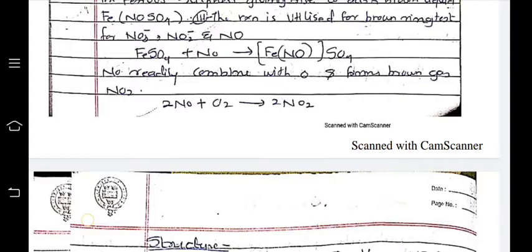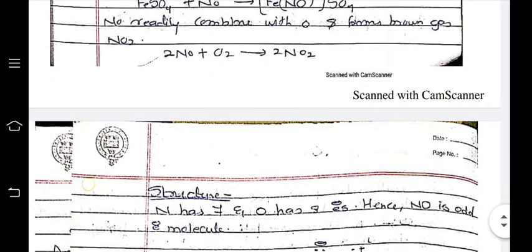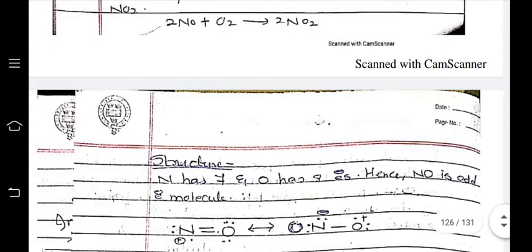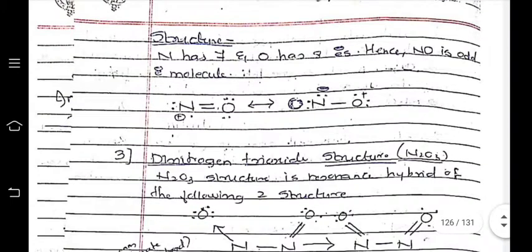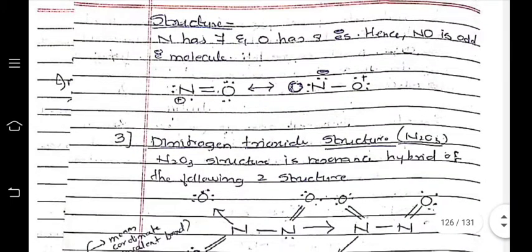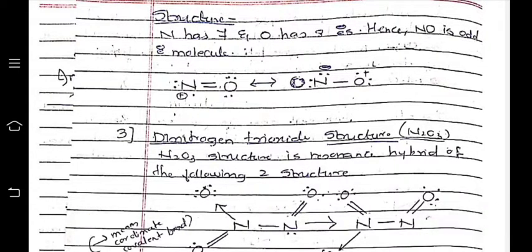NO combines with oxygen and forms a brown gas NO2. 2NO plus O2 gives 2NO2. Structure: nitrogen has 7 and oxygen has 8 electrons, hence NO is an odd electron molecule.